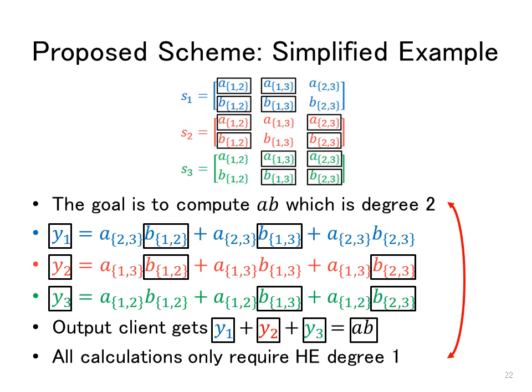Server 2 and 3 also locally compute y2 and y3. Then, y1, y2, and y3 are sent to the output client. After adding all shares together and then decrypting, the output client learns the value A times B. You can see that the calculation for each server and the output client only requires homomorphic encryption of degree 1.